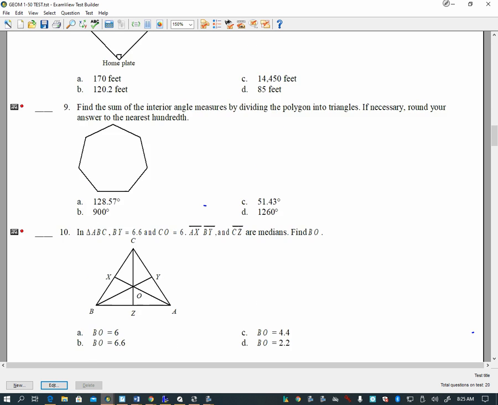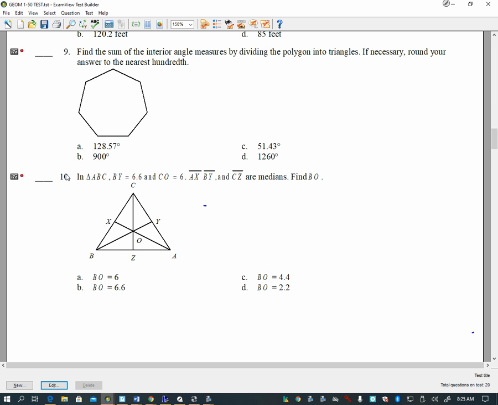All right, number 9. We want to read closely. It says, find the sum of the interior angle measures by dividing the polygon into triangles. If necessary, round your answer to the nearest hundredth. You might have seen that this was drawn up on the board over here. What's the formula for solving this, no matter how many sides it has?